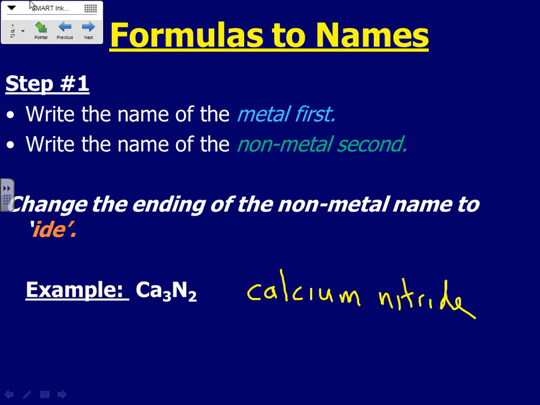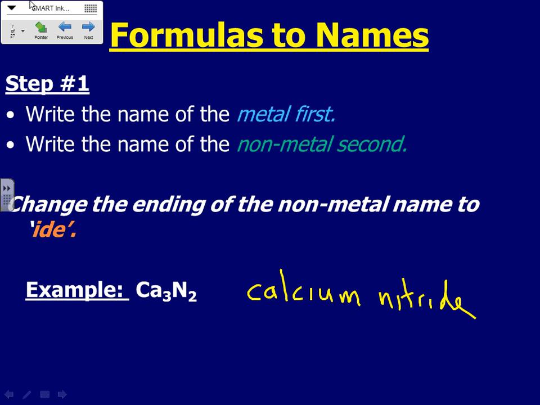Now, that's a different naming system than this, because I put the di in front of it to tell us that we've got two oxygens. But notice here, I don't use any of that di, tri stuff. So when you have an ionic compound, which is made up of a metal ion and a non-metal ion, you don't put those fancy things in it. Calcium nitride, done, easy.